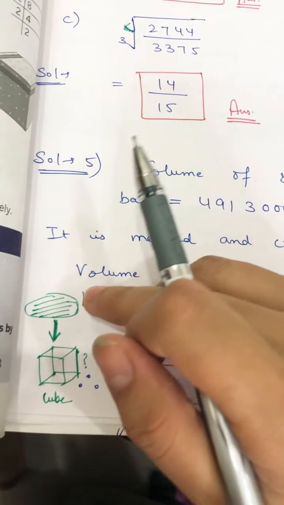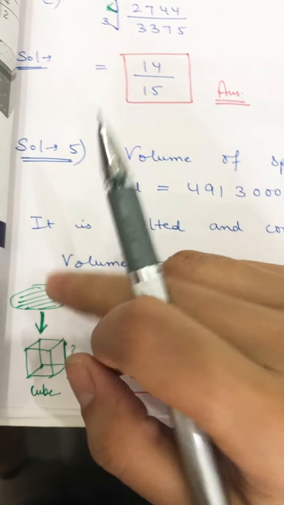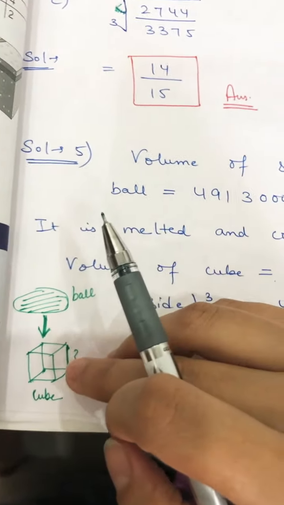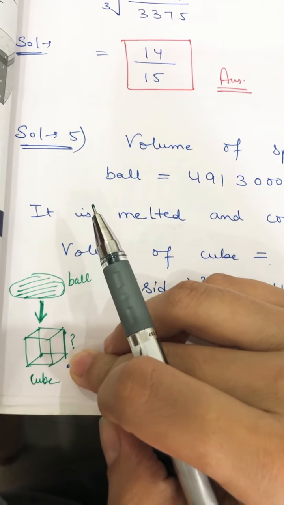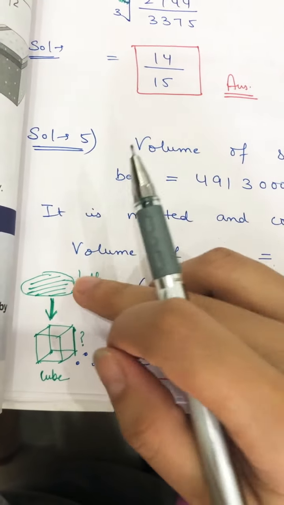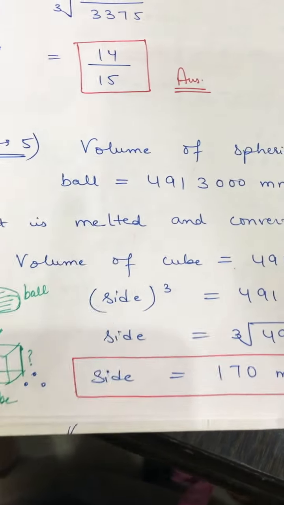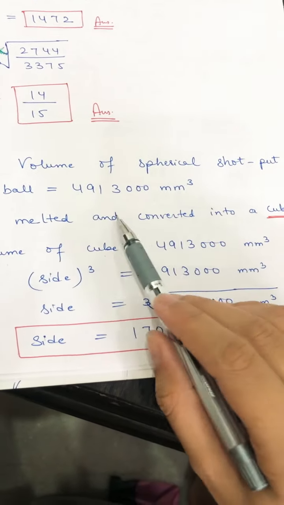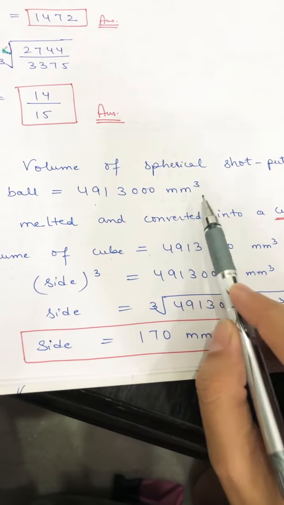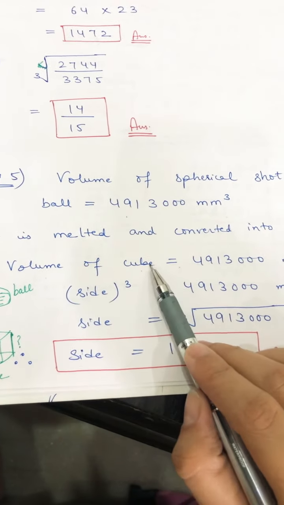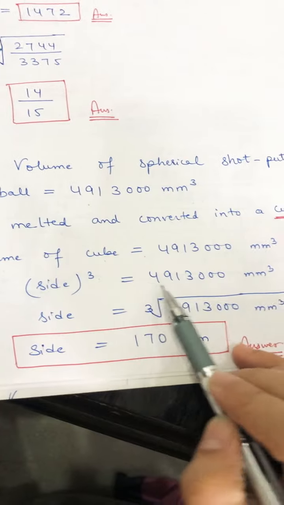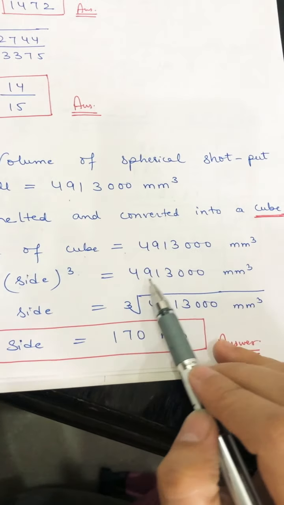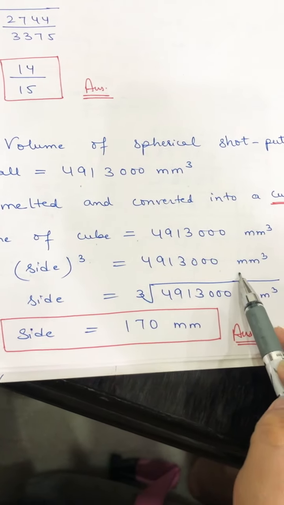Whatever the volume of the ball is, that volume is the same for the cube. So I'm writing the volume of cube is equal to whatever is given here. The volume of cube formula is side cube, that is equal to whatever is given in the statement. Write this down as it is.